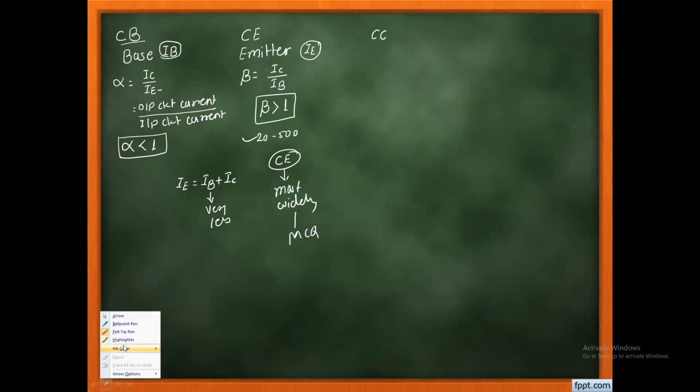Now let me clarify another part before starting this session. As you know, in this unit we are going to discuss the component transistor. The name transistor is made from two different words: one is transfer and the other is resistor.